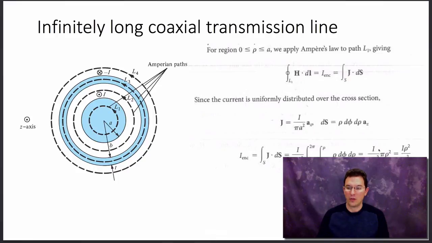This I over pi a squared is simply the electric current density in this inner conductor. So we can write an expression for the electric current density in this inner conductor as I over pi a squared, all in the z direction, all flowing out of the page.